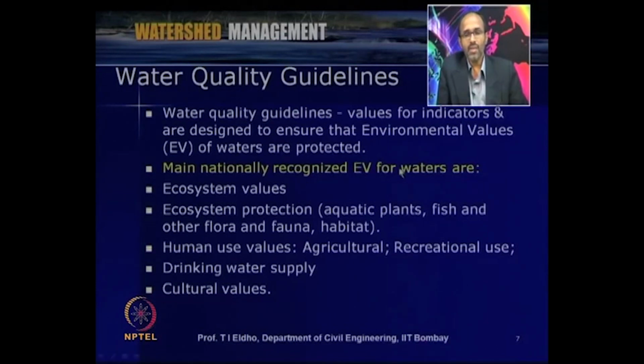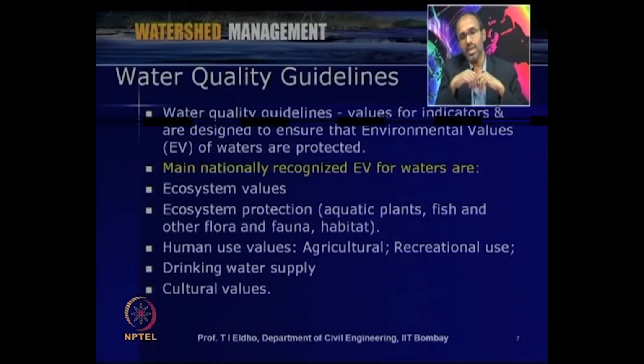As far as the environmental values are concerned, the main nationally recognized environmental values for waters are, for example, ecosystem values. That is, the water which we are using for ecological needs or ecological water use. For that, we can prescribe certain specified environmental values, and then ecosystem protection.